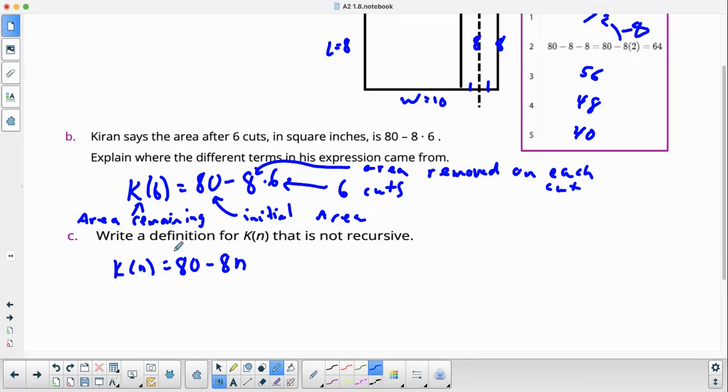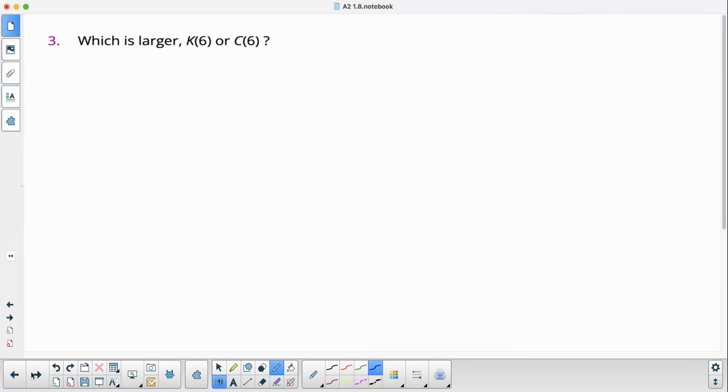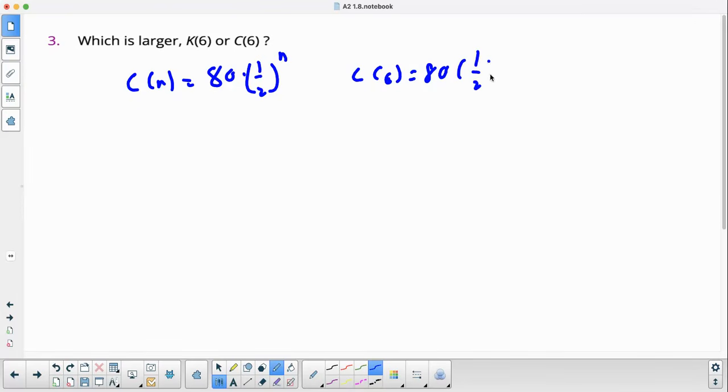All right. So which is larger, K of 6 or C of 6? So C of n was 80 times 1/2 to the nth power. So if I wanted to find C of 6, it's 80 times 1/2 to the 6th.